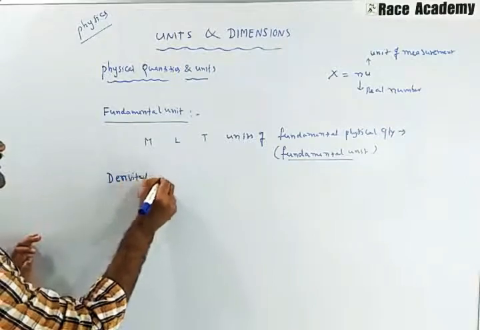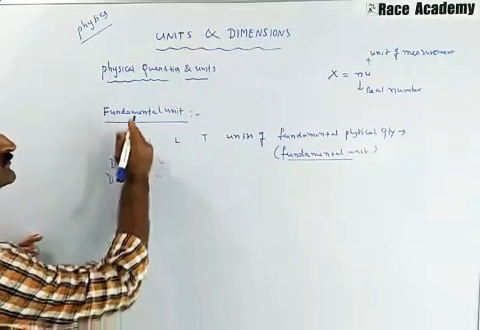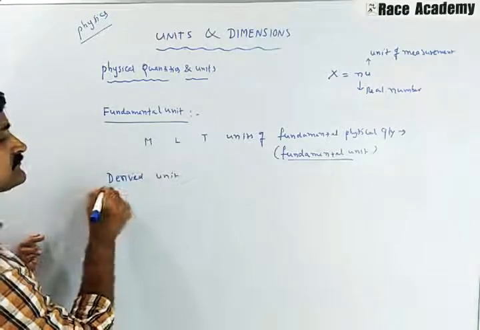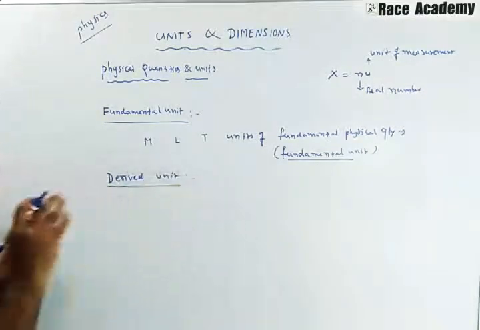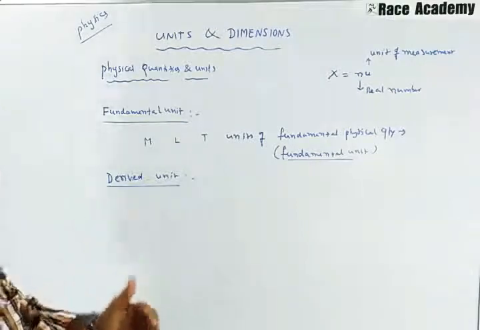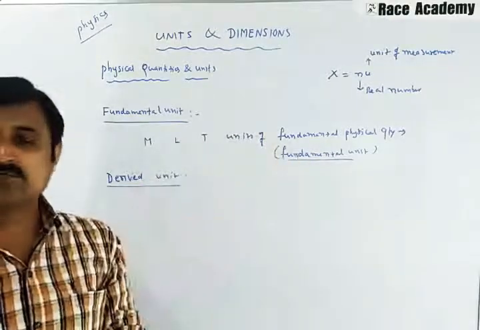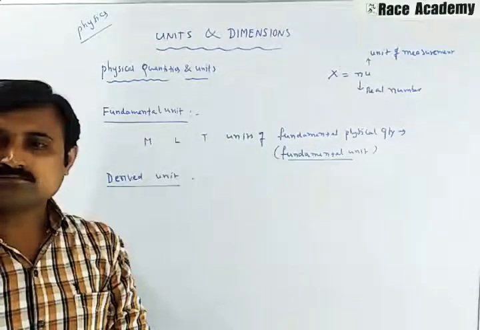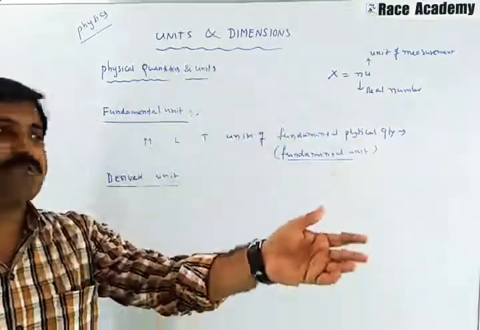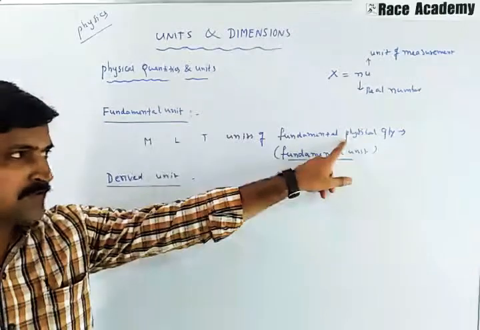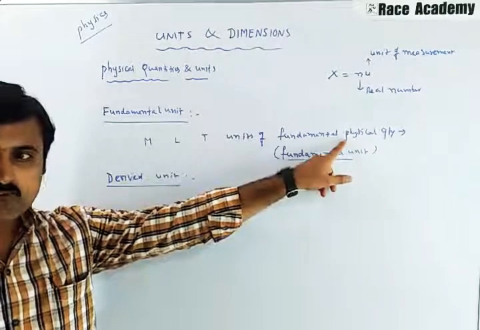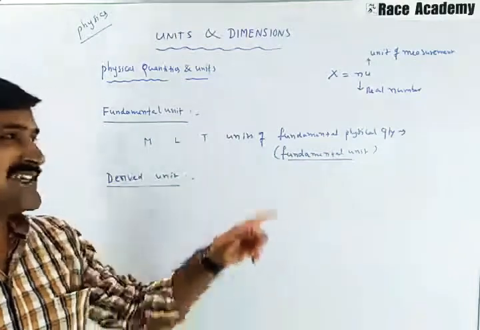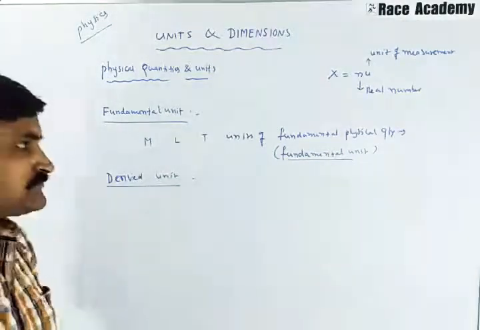What is a derived unit? First we have to know the derived physical quantity. Any physical quantity that can be derived from the fundamental physical quantities, that is called a derived physical quantity.